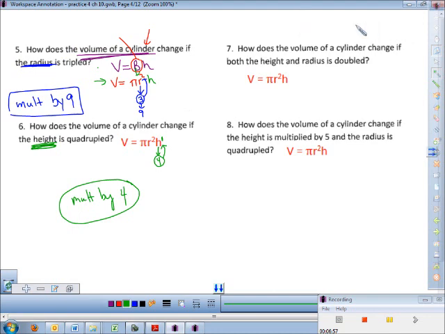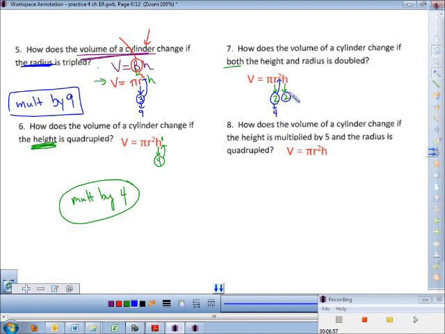Let's check out number 7. It says, how does the volume of a cylinder change if both the height and the radius are doubled? So the height's been doubled, ba-boom. The radius has been doubled, ba-boom. And we just got to go one at a time here. I got to take this 2, raise it to the power that r is being raised to, and what's going to shoot out of there is a 4.